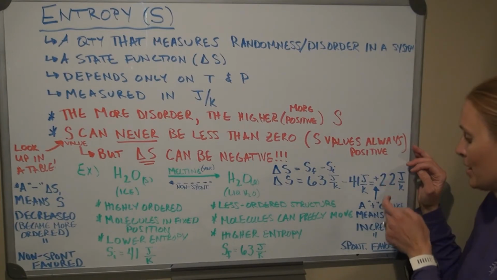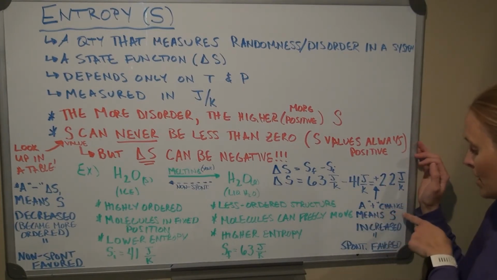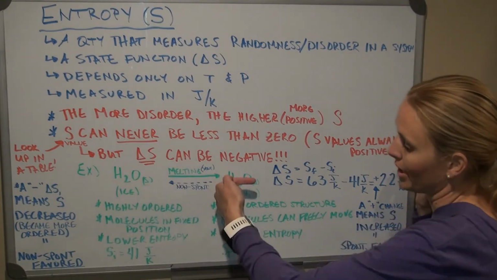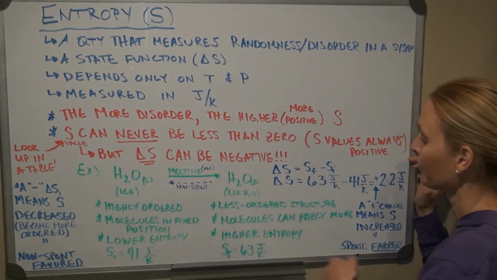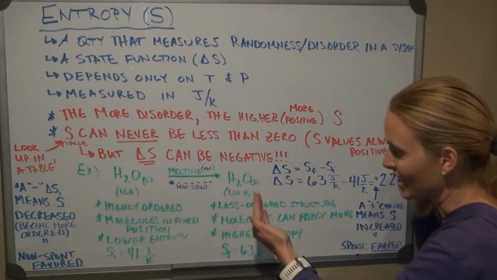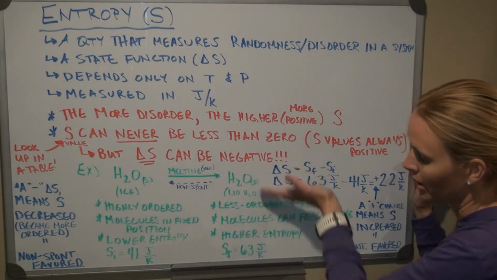Let's talk for a minute about this sign. This is positive. A positive change means that the entropy for this process, from ice solid going to liquid water, increased. We know that because this is more disorder than that.